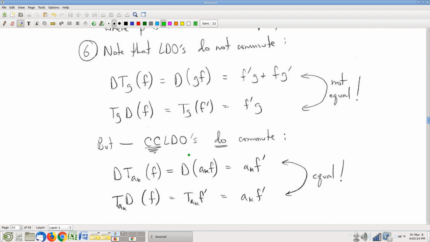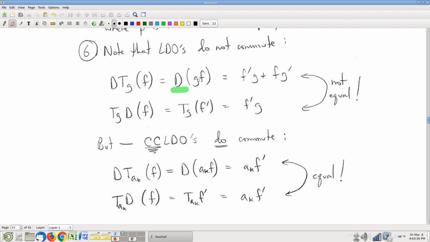Okay. Next observation I want to make. In general, we've already made the point that multiplication is not commutative. In this case, for these linear transformations, the reason it's not commutative is because of the product rule. When you take a derivative of a product, the rule says you get these two terms, right?